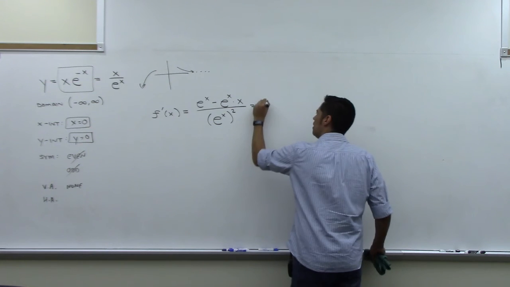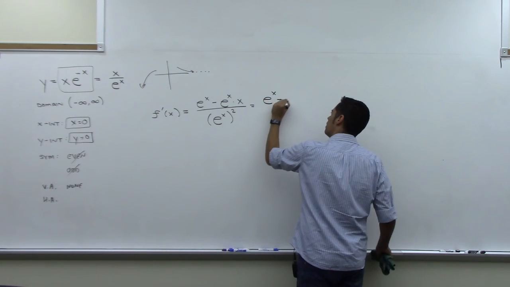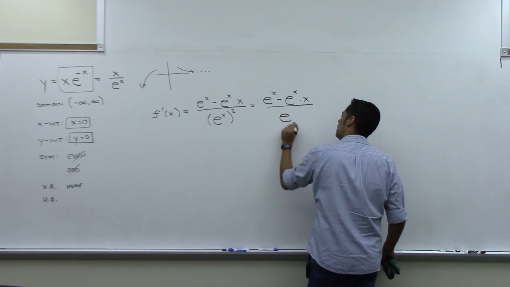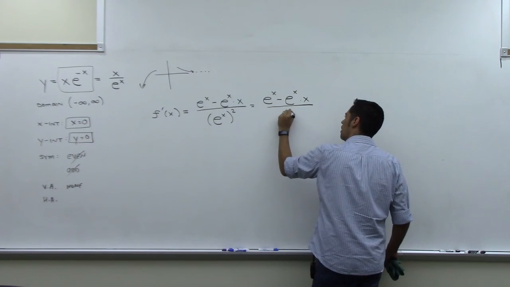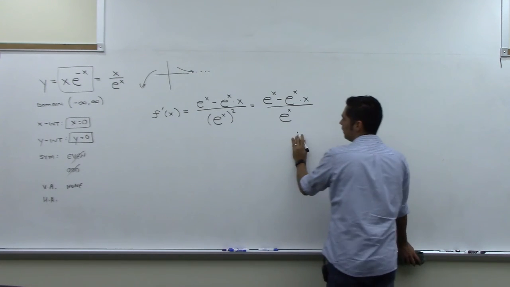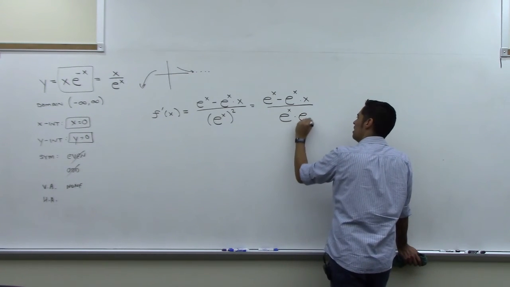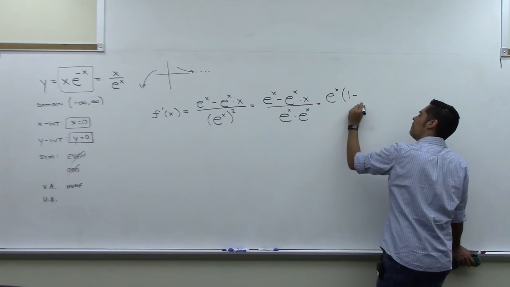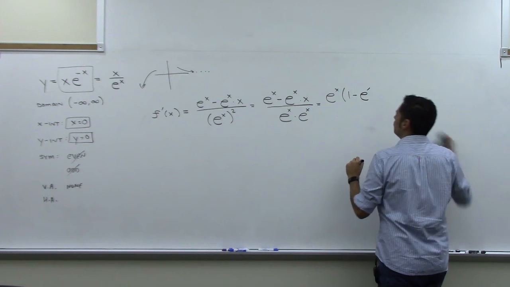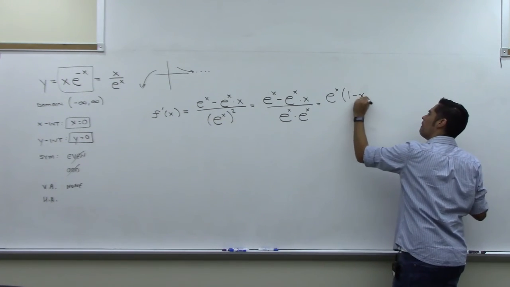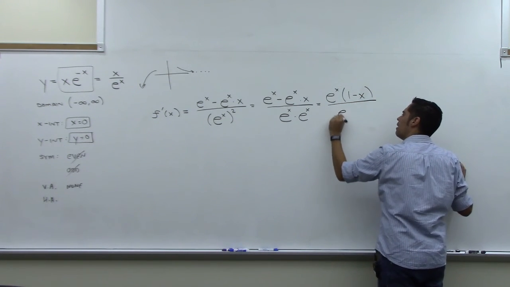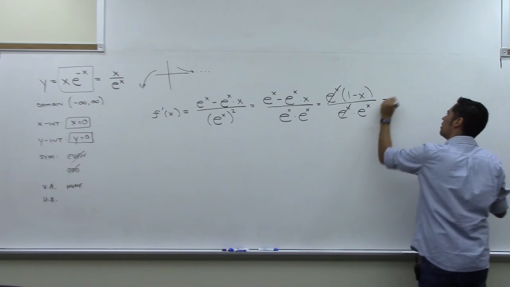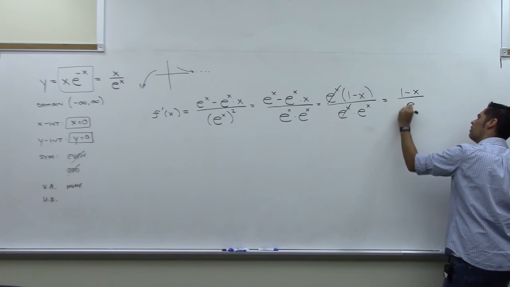So this is just e to the x minus e to the x times x over, well, I'll do it this way, e to the x times itself, e to the x. Watch, you'll see why I'm doing that. Factor out a GCF on top. Cancel one of these. So you get 1 minus x over e to the x.